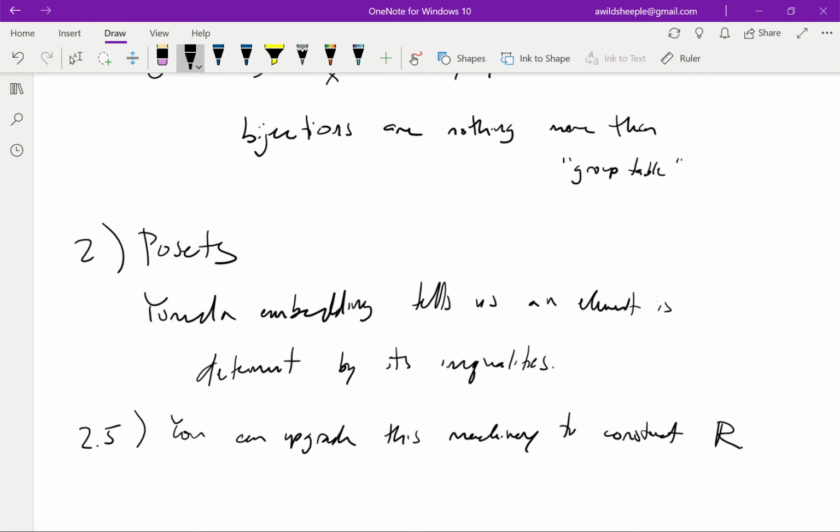And it's not completely trivial because while R is a poset, it has more data than just its posetness, right? R is the unique, complete, totally ordered field. And so there's this extra structure here. In particular, it's the completeness that's really interesting here that makes this not a completely trivial application of what we've learned so far.